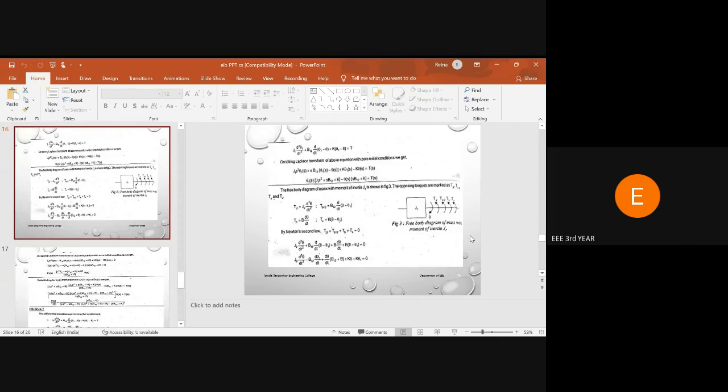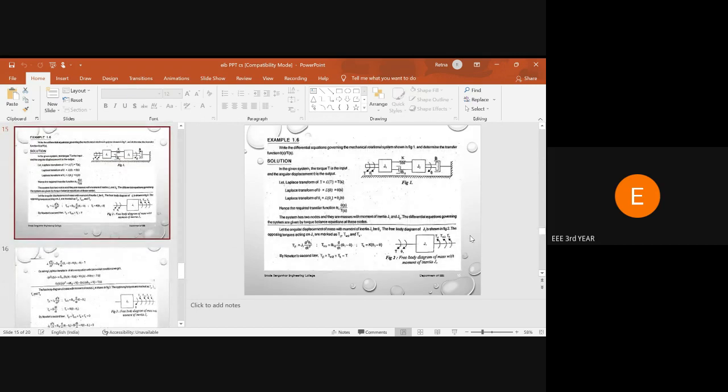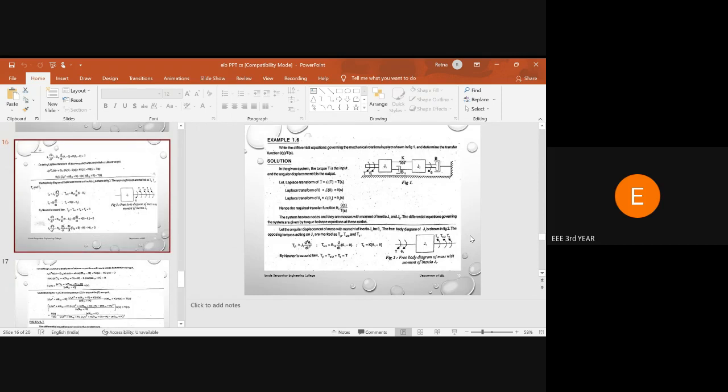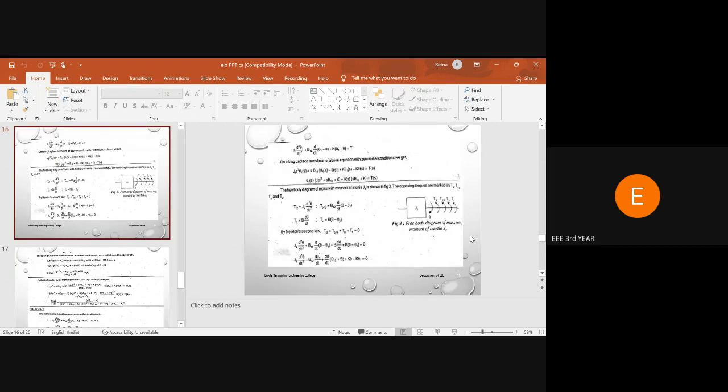So apply the opposing torque due to moment of inertia, dashpot and spring in the above equation. So J1 into d square theta 1 divided by dt square plus B12 into d(theta 1 minus theta) divided by dt plus K into (theta 1 minus theta) equal to T. Then on taking the Laplace transform of the above equation, Laplace transform of d square theta 1 divided by dt square is equal to s square into theta 1 of s.